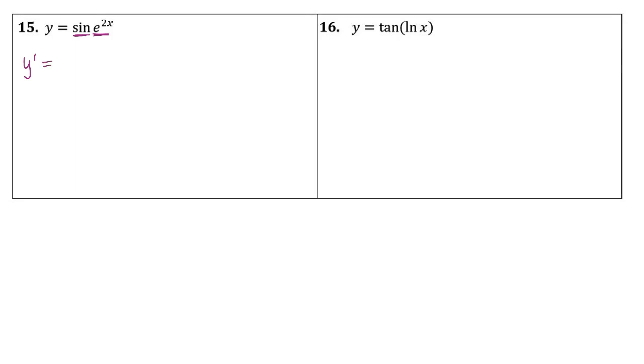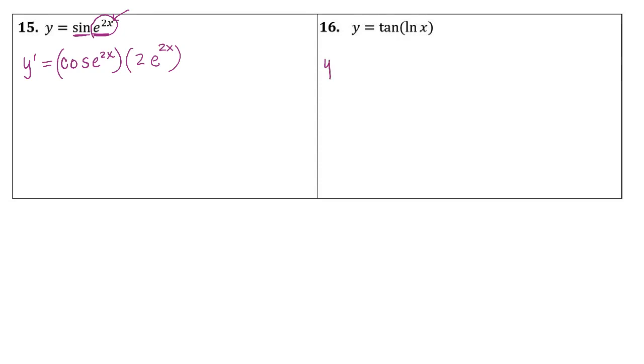So the derivative of sine of an angle is cosine of that same angle. But then it's going to be times, and then here comes the inside part, the derivative of e to the 2x, which is going to be stuff prime, so the derivative of 2x is 2, times e to the stuff. And you're finished.